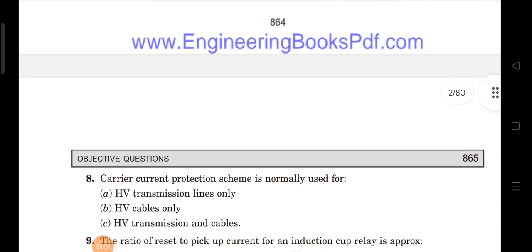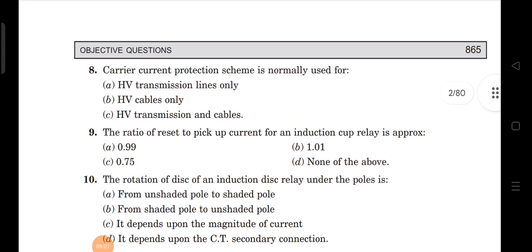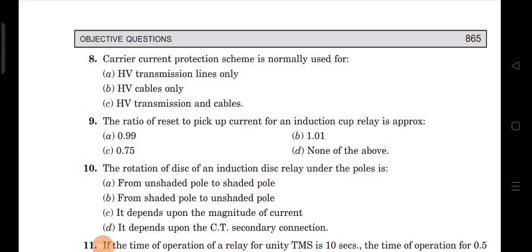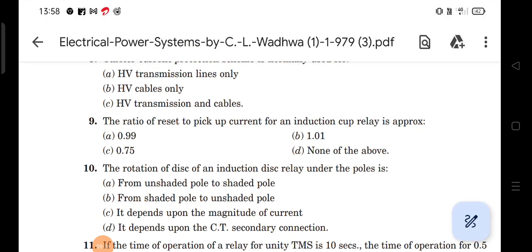Next, this is a direct question. Carrier current protection scheme is normally used for high voltage transmission lines only. Next, the ratio of reset to pickup current for an induction cup relay is approximately, this value varies between 0.95 to 1.